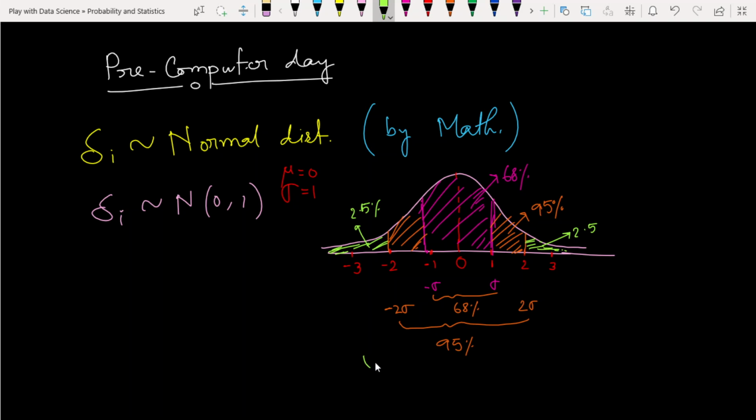In the range of 3 sigma we have approximately 99%. We have already seen these: 68, 95, 99. So suppose our delta value is lying somewhere here.